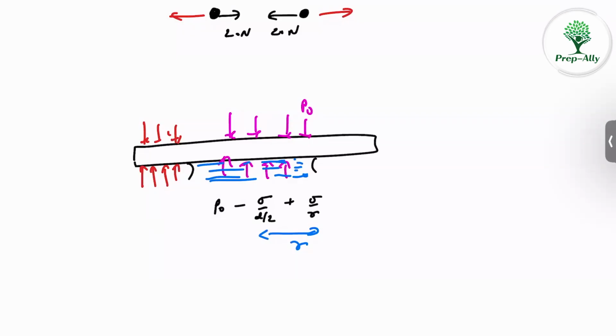So what is the net unbalanced pressure force? Can you tell me? Sigma by d by 2 minus sigma by R into the area. And this pressure force overall will be on this upper plate, down or up? Down, sir. Very nice.